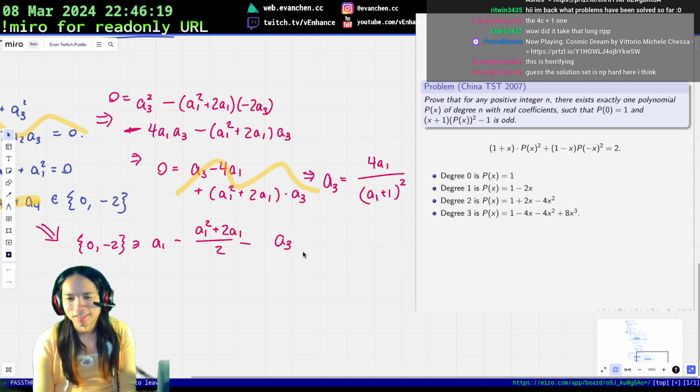On the other hand, I really want a1 to be 1 because otherwise I don't think this is an integer, because a1 plus 1 is co-prime to a1. Or it could be -2 is the other possibility.